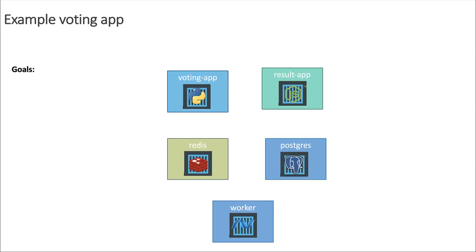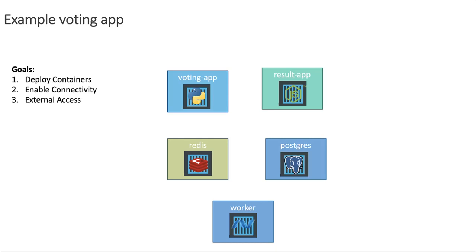So our goal is to deploy these applications as containers on a Kubernetes cluster and then enable connectivity between the containers so that the applications can access each other and the databases, and then enable external access for the external facing applications, which are the voting and the result app, so that the users can access the web browser, right?